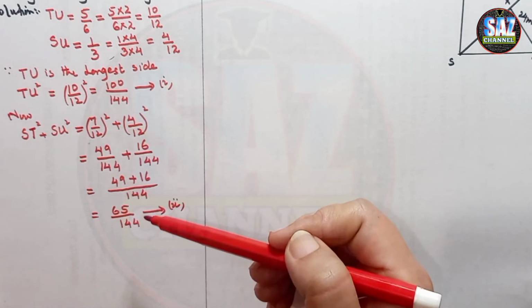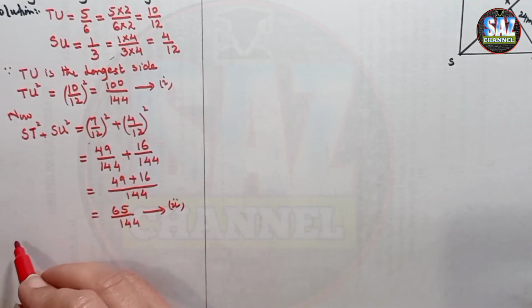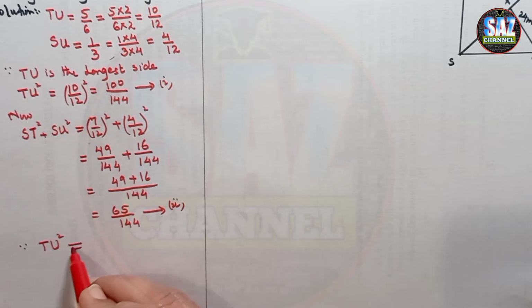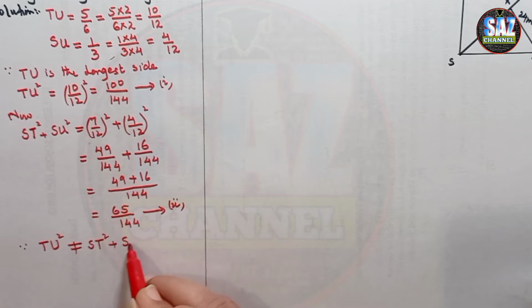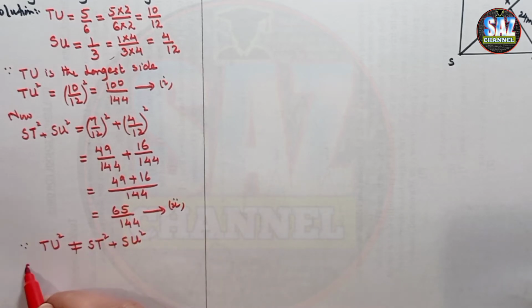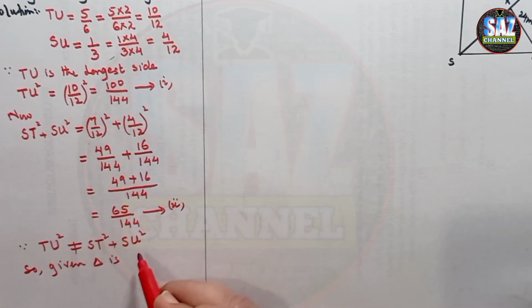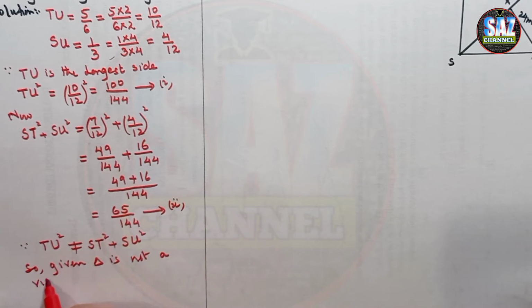Both the answers are not the same. So what we have to decide, because TU square is not equal to ST square plus SU square, the given triangle is not a right angled triangle.